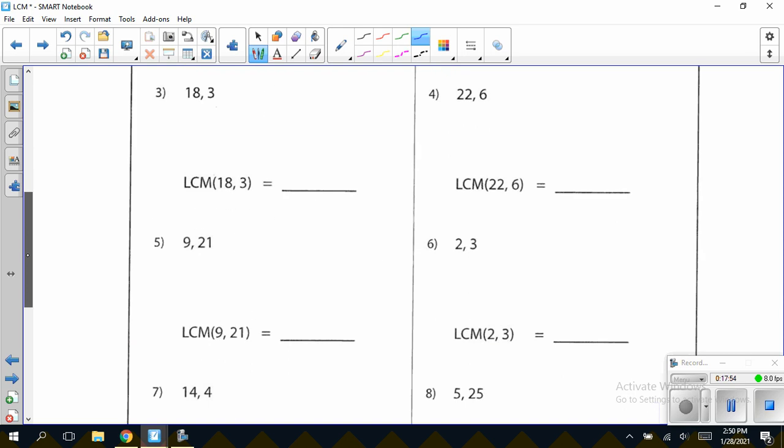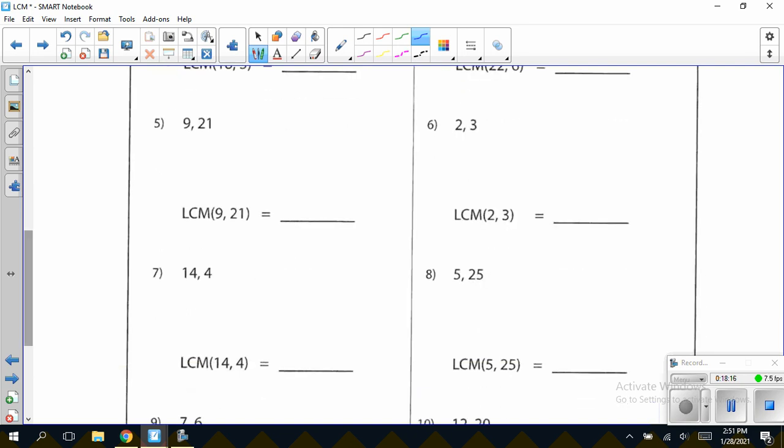For number 3, you're going to list the multiples of 18 and 3. Again, circle the first number that they both have in common to have your LCM. For number 4, you have 22 and 6. Find the LCM between those two.